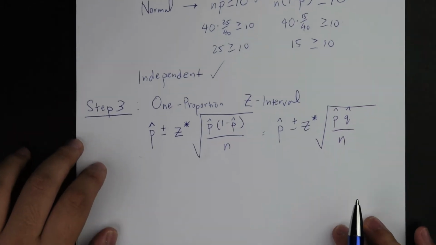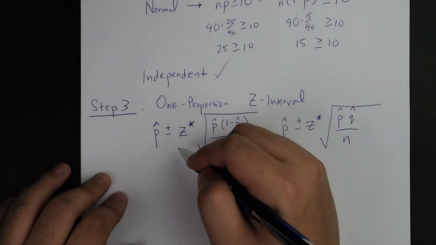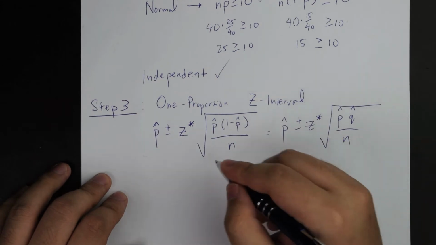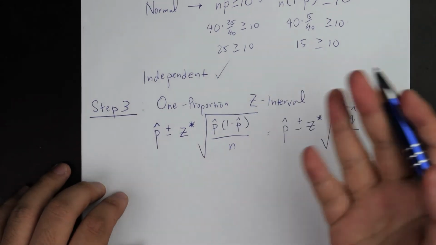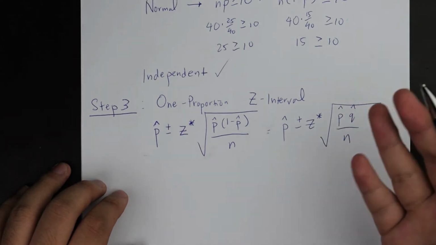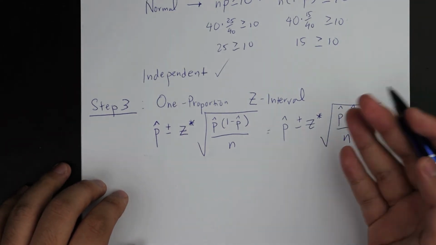For this question, the most common value for z star is that, and this is something I memorized. I will teach in another video how to read the z chart, or the t chart as some people call it.